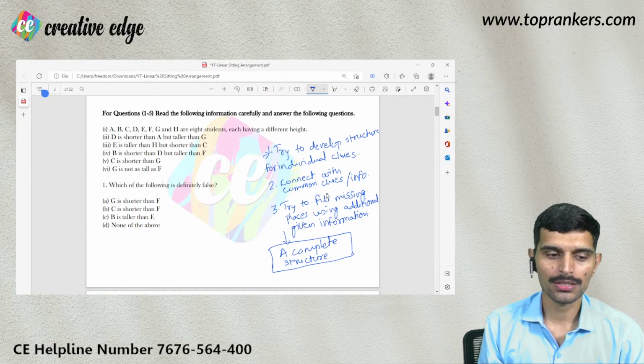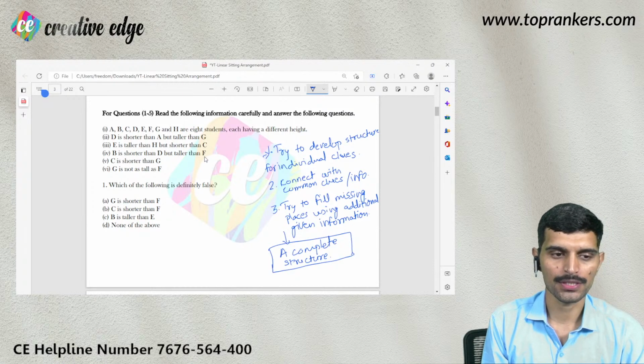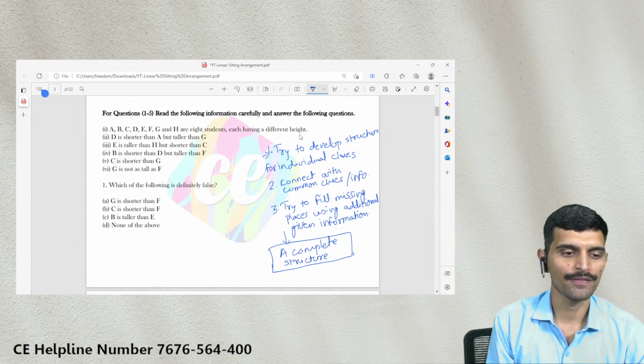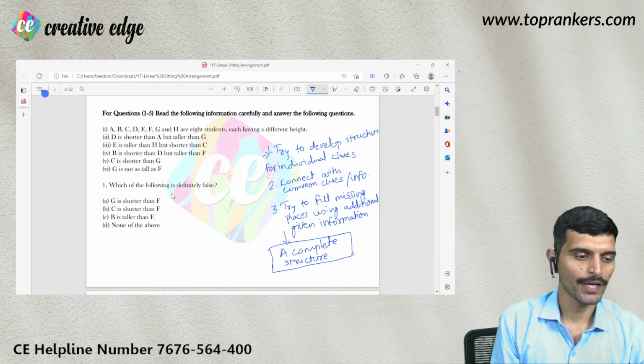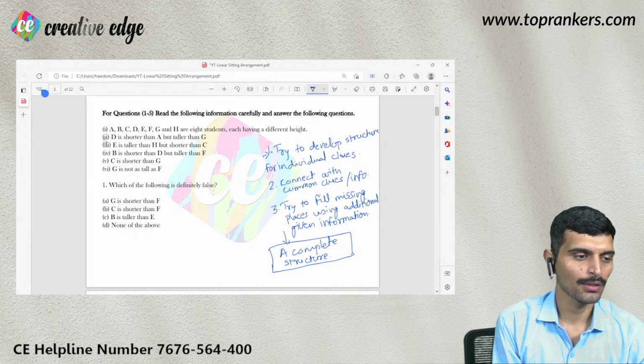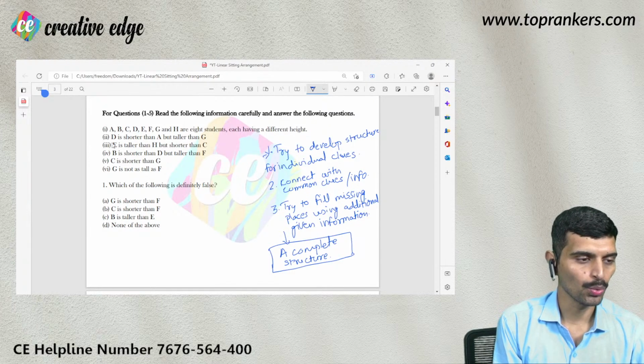So let's follow these steps for the very first set. The first clue says eight different students, each having a different height. So we have students as well as certain heights, right? Now let's talk about clue number two.